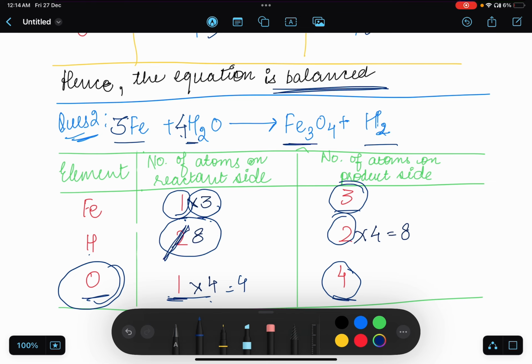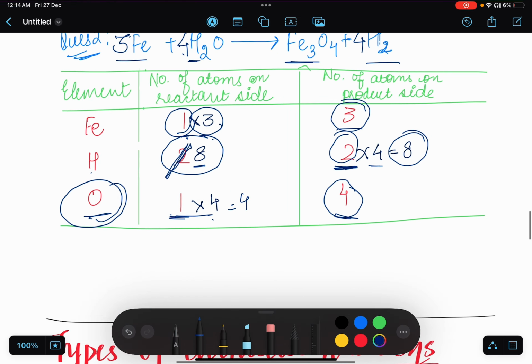So we need to balance this and put 8. How will we do it? We'll multiply 2 with 4, getting 8, right? Now the number of atoms on both the reactant side and product side are equal, so it is a balanced chemical equation.